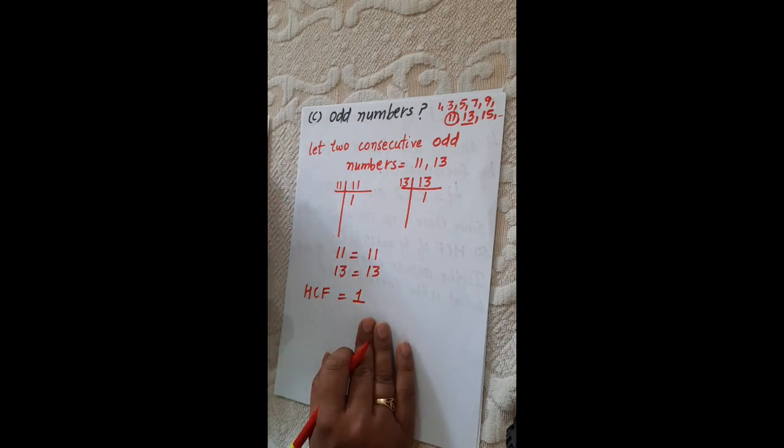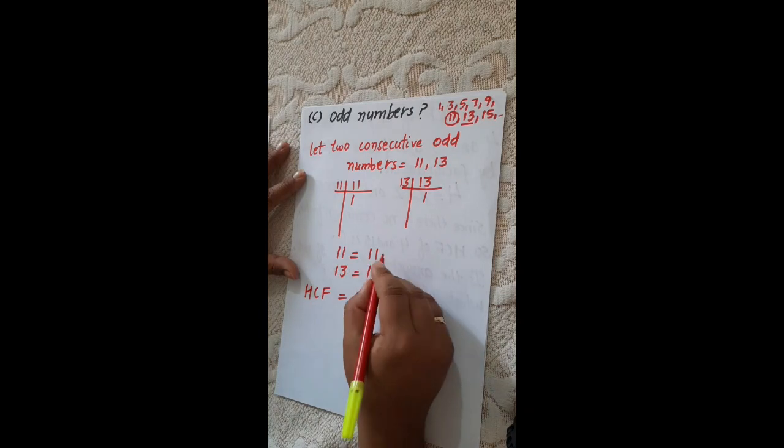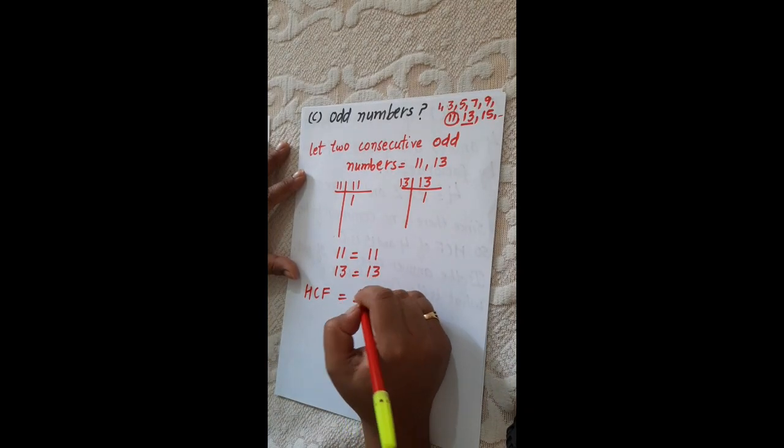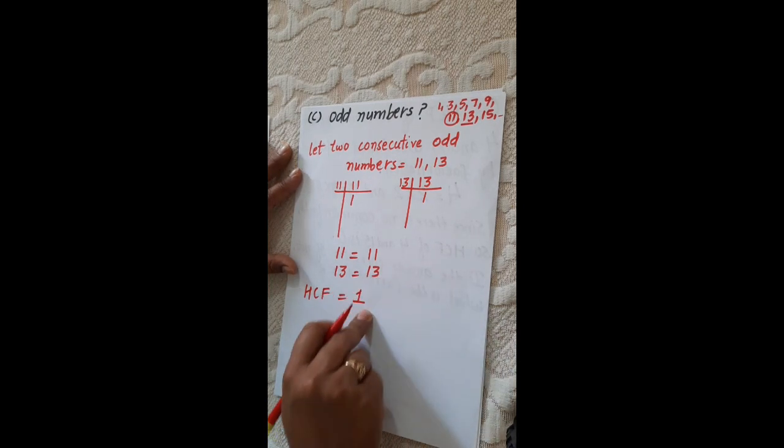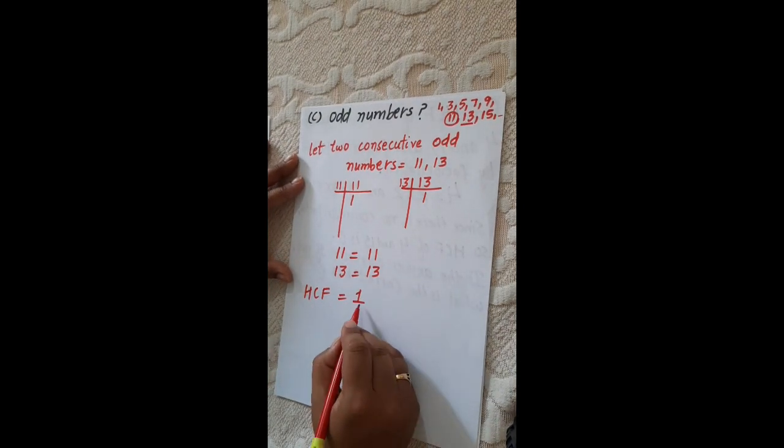We did earlier, in the earlier videos, the rule that 1 is the factor of every number. If you don't find any common prime factor between any two or more numbers, then the highest common factor or common factor is 1.